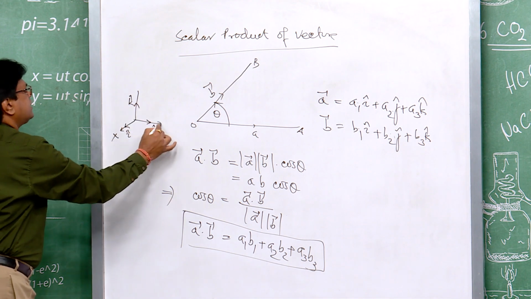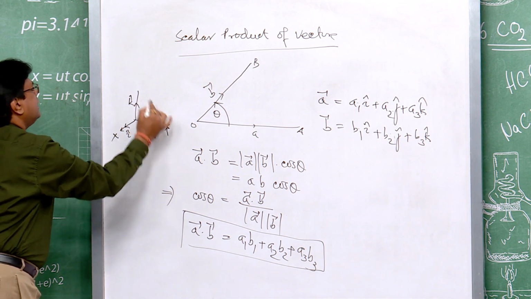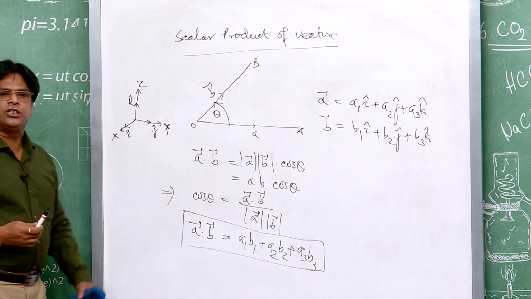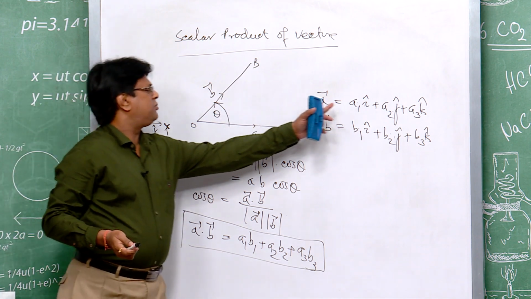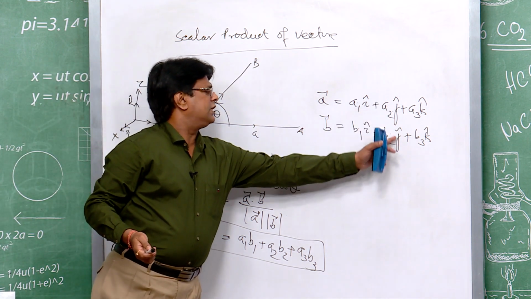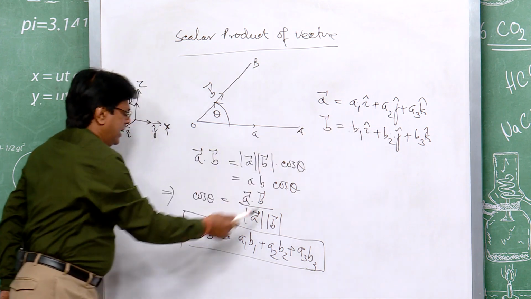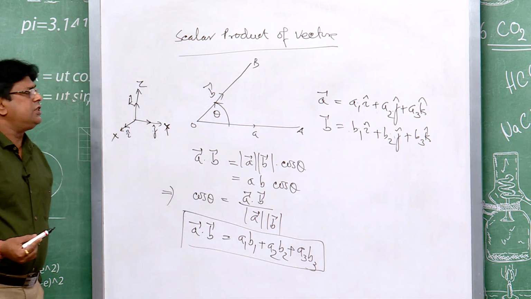This is your x axis, y axis and this is your z axis. These are three unit vectors along the x axis, y axis and z axis. That is why i dot i is 1, j dot j is 1, k dot k is 1, and that is why A1 B1, A2 B2, A3 B3. So, A dot B is equal to this.